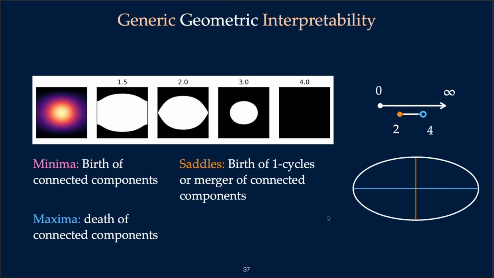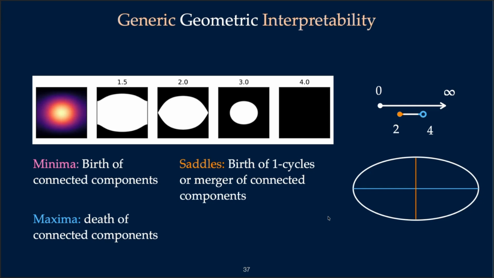Maybe I should expand on that point I glossed over, which is how you can assign these endpoints of the interval to critical points. If you remember, this number 2 corresponds to the cycle born when I pass through that saddle point, and the maximum that kills off that cycle corresponds to that maximum.